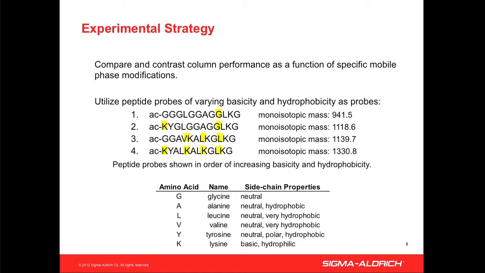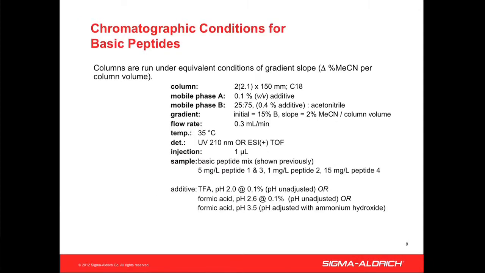So we have this set of standard peptides that differ simply in their basicity, all similar. They also differ in their hydrophobicity, but the only really polar moieties here are these lysines. This is just a summary of the conditions.